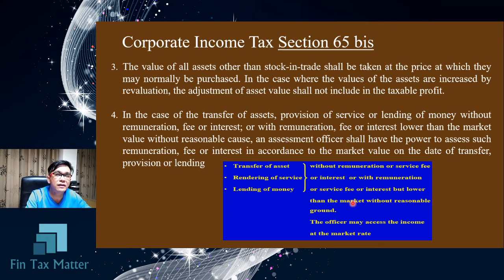If they do not, this condition under Section 65 bis number 4 gives the revenue officer the authorization, upon investigation, to assess the income at the market price and adjust the tax calculation in the subsequent period. So we have to reassess the price at the market price by ourselves, as the taxpayer.